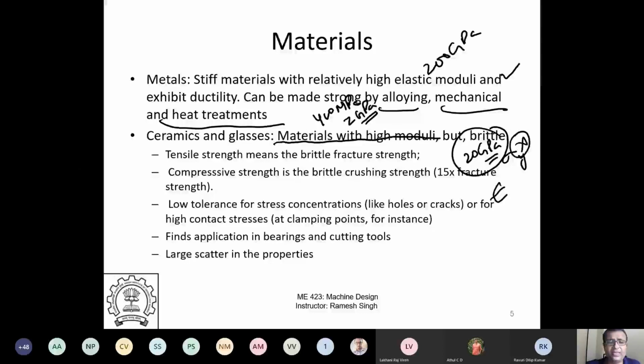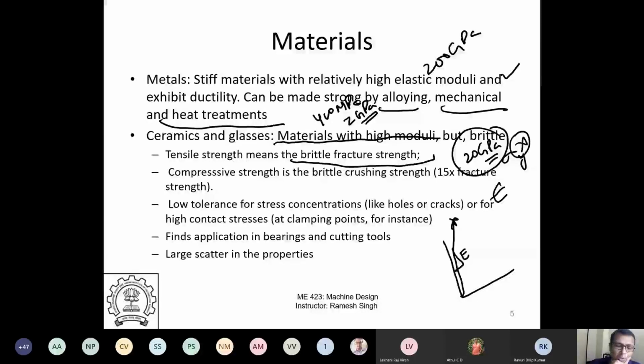Stiffness is very high, tensile strength is very high. But they actually fail in fracture. If you take a stress-strain curve, it will go like this, very high slope, but it will just break right here with no plastic deformation. That is the big problem with ceramics.